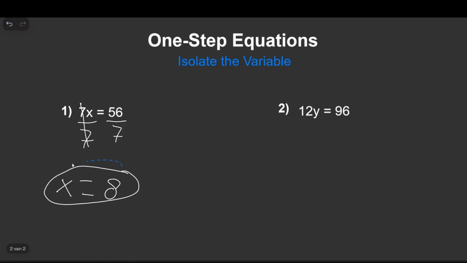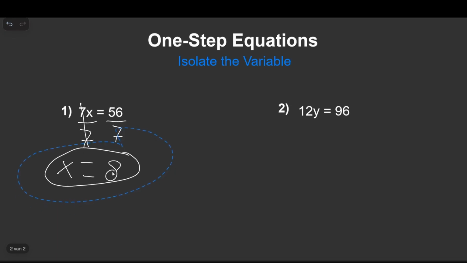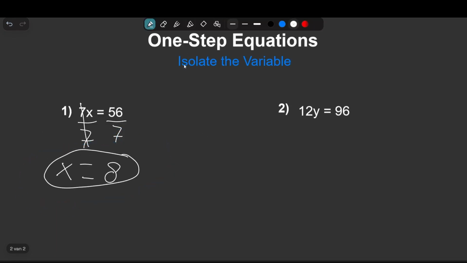So this will be our final answer. Now I'm going to show you how to check if the answer is correct. To check, you can rewrite this problem with the value of our variable plugged in. So you will get 7 times 8 equals 56.